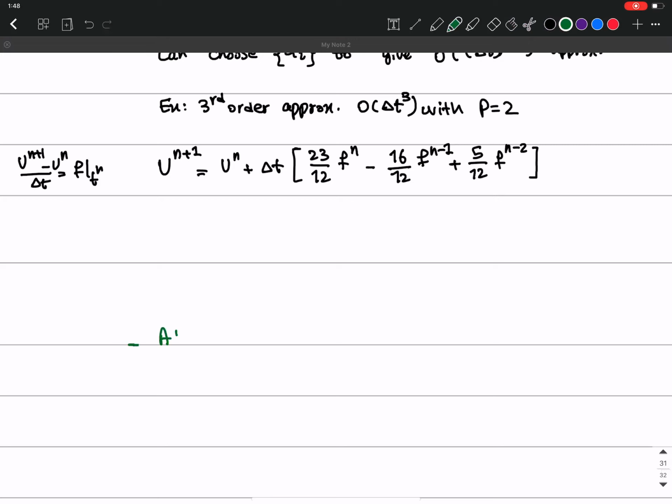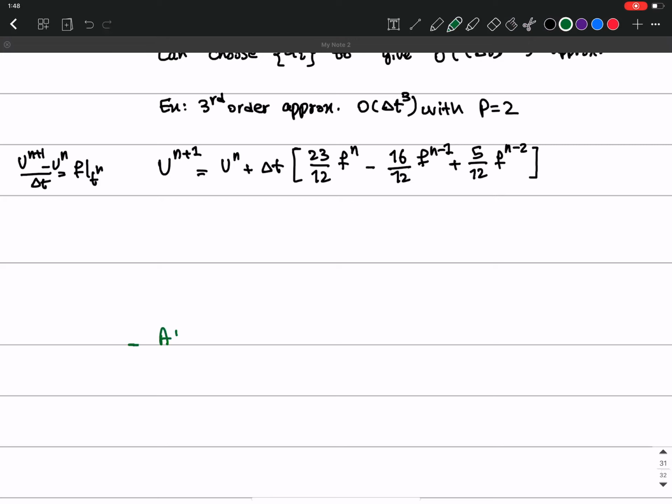But for f, because this is an implicit formula, I can use the value of f at the current step, at the newest step. So I'm going to use alpha 1 fn plus 1, plus alpha 0 fn, plus alpha minus 1 fn minus 1, plus alpha minus p fn minus p.